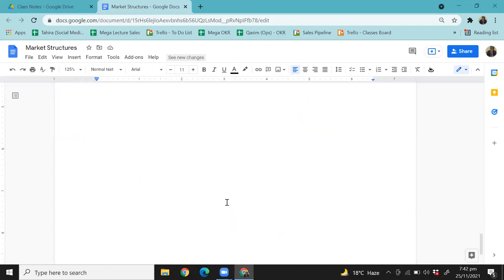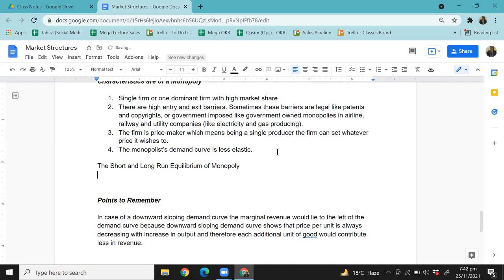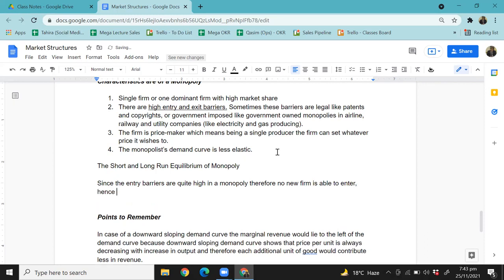Preet, right? Now, the short and long run equilibrium of a monopoly: since there are entry barriers, no new firm is able to enter, hence the monopoly graph looks the same both in short and long run.